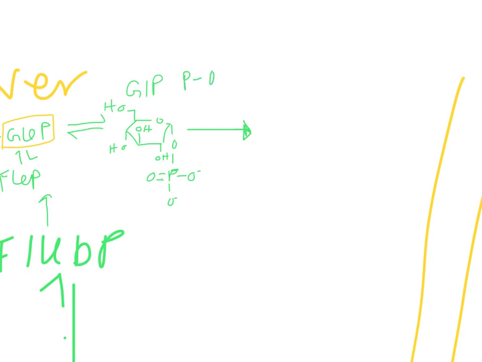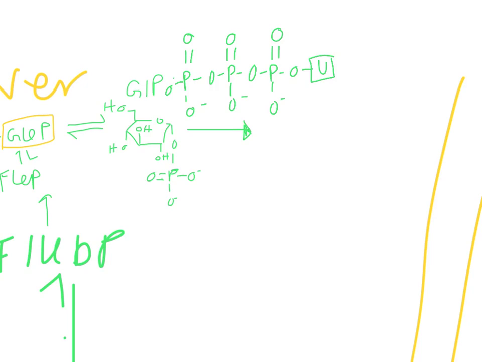I'm going to draw this first one out so that you can see what's going on. This is going to be uracil plus the ribose group. Negative, negative, negative, negative. So here's what's going to happen.